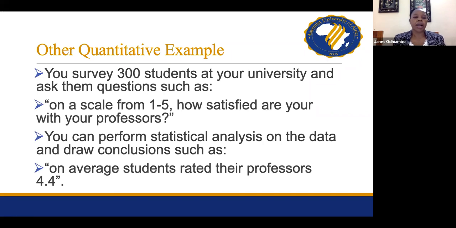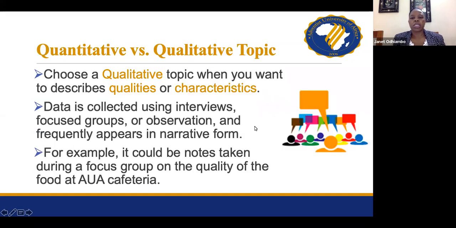For example, I can know that on average, the students rate the professor at 4.4, maybe on a scale of 5. Then I will be able to interpret this, that they are actually satisfied with their professors. So here we are using numbers, and then we are using statistical tests to work with those numbers.